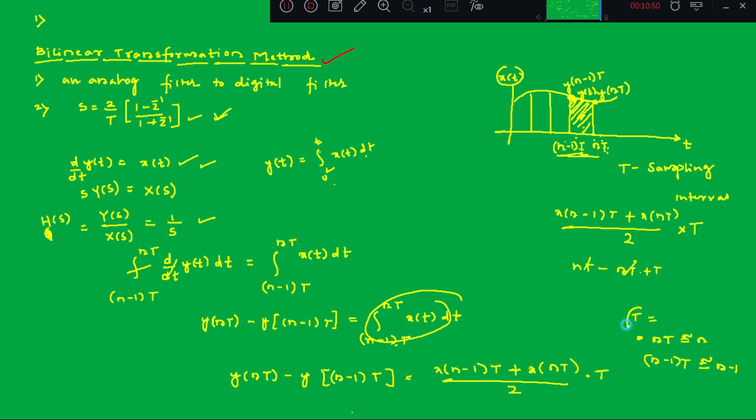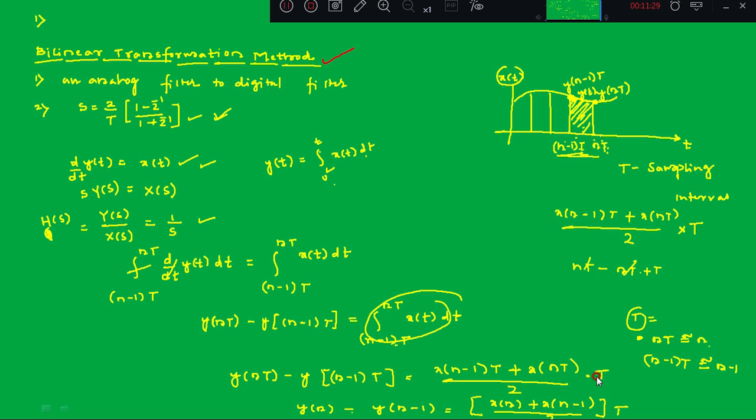By using this assumption that T is very small, we can approximate nT equal to n, and (n minus 1)T equal to n minus 1. So by using this condition, this equation can be written as y of n minus y of n minus 1 is equal to x of n plus x of n minus 1 divided by 2 into capital T, right?